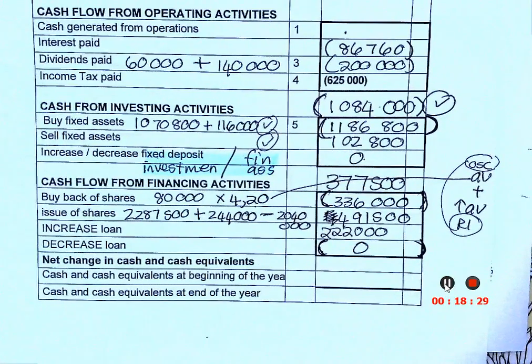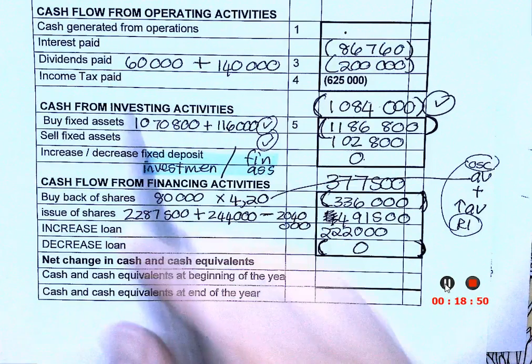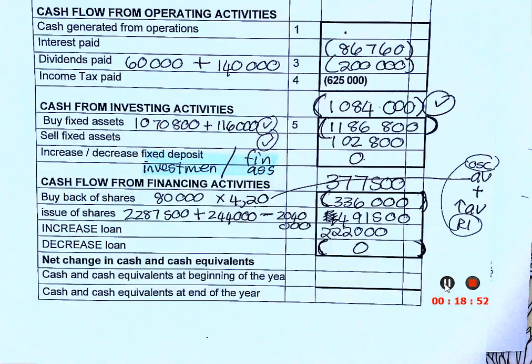Okay, so now, can you see so far? Do you see anything in this information that tells you anything about inventory, debtors, or creditors? Nothing. Can you see you cannot do note 1? Did they give you any information where they say this is the cash generated from operations, or anything that tells you this is the profit after the following adjustments?